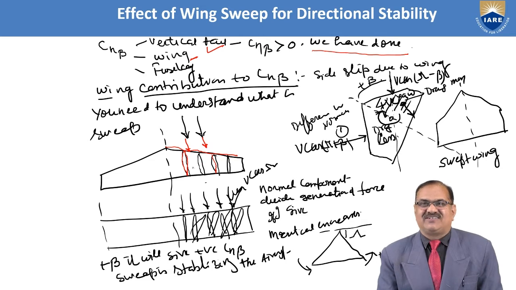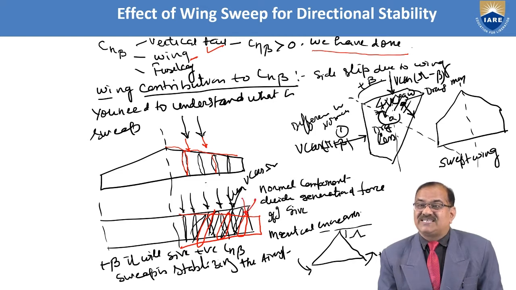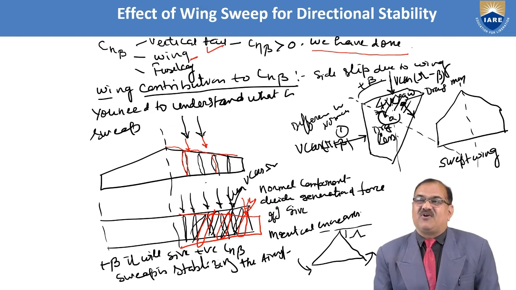So it is not wing sweep. Wing sweep means your wing is swept like this and your aerofoil is also perpendicular to this. Then we can say that it is a sweep, because there is some angle, and this angle is very important.